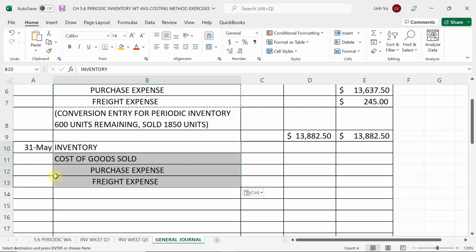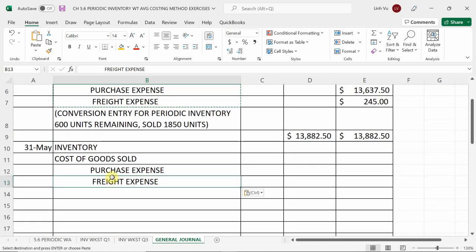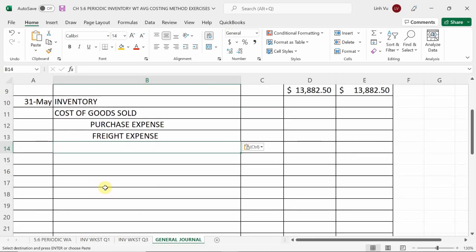Yes, so inventory, cost of goods sold, your purchase expense, and your freight expense. Good. Anything else I need to recognize? You have your conversion entry for periodic inventory, what you had left and what you sold.